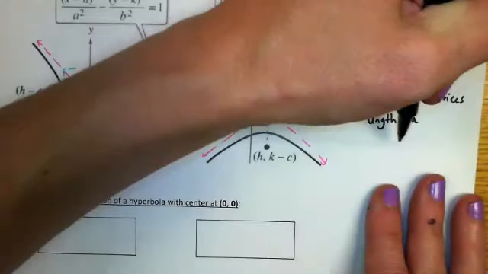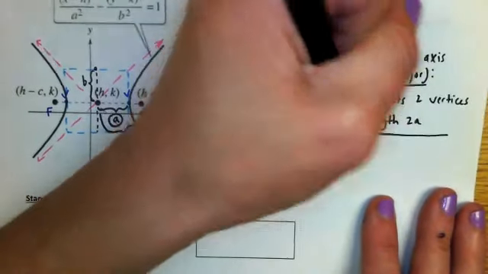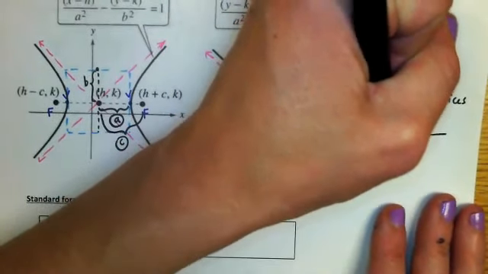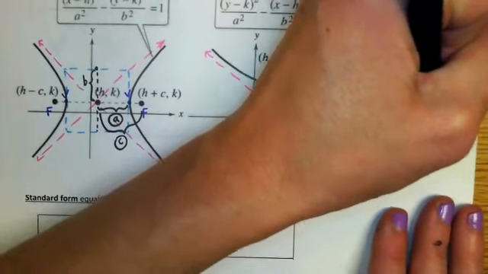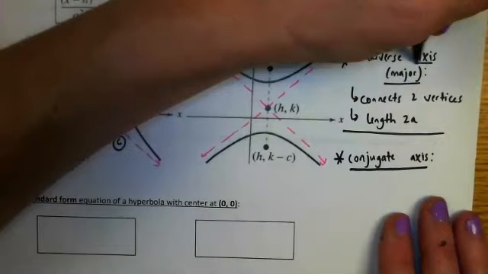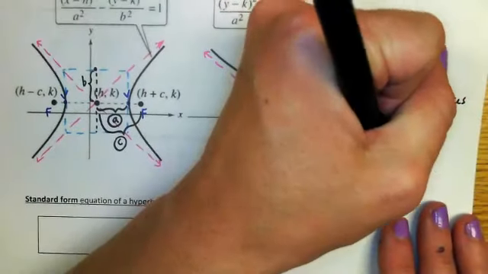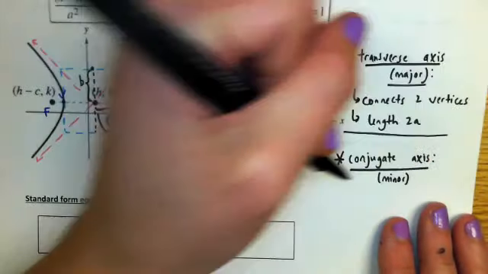And then you've got the conjugate axis. Think of it as the minor of the two. It's funny how the word conjugate comes up in a language class and so often in a math class. Go figure. So this is going to be the minor of the two. It has a less cool sounding definition.